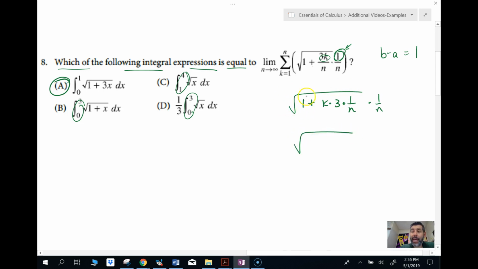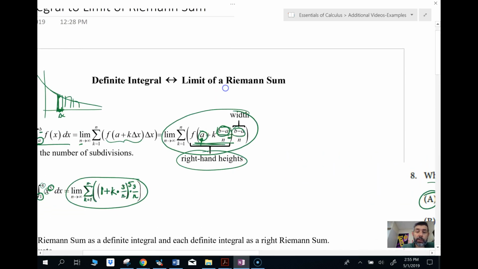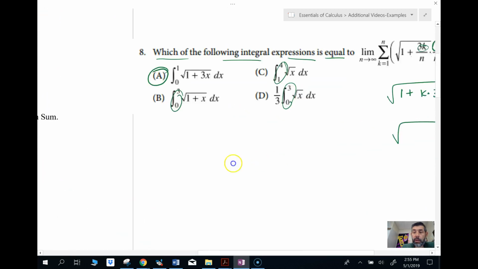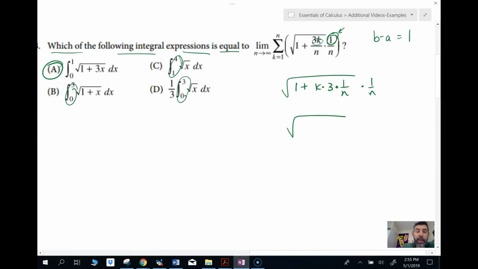Now I said a, but remember that a in these problems, see this a? This a is 1 here. But in this case, it's not going to be a 1 because we've got a 1 in our function. So our function is actually going to be 0 plus 1 plus k times 3, 1 over n, times 1 over n. So that our function is 1 plus 3x.